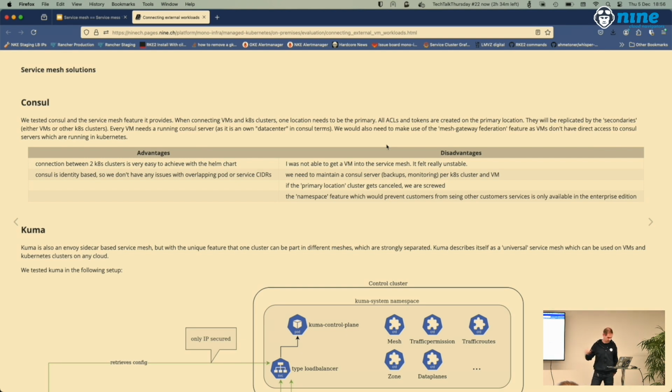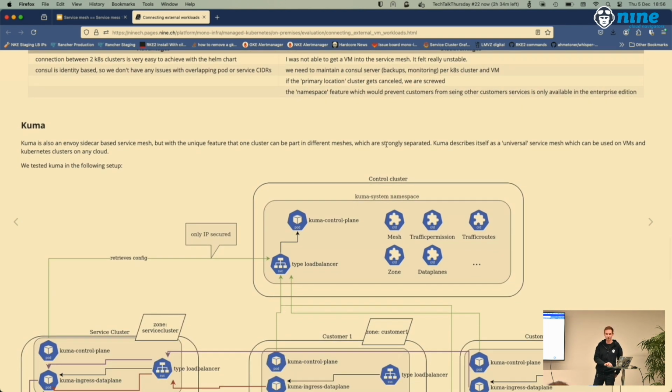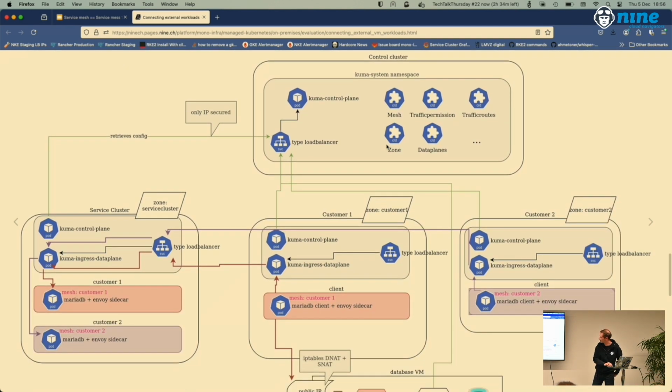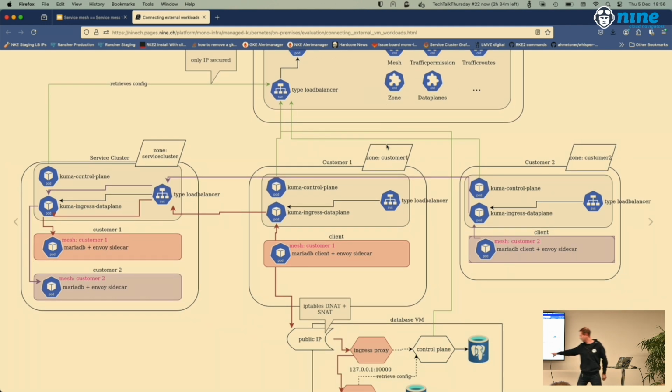And then there was actually the solution I bet on. Yeah, there's Kuma. That's actually readable, right? Back then, and even today, Kuma is like that universal service mesh where you can have multiple clusters connected to each other, and also VMs, which is down there, but it's quite big. Actually, that's the database VM.